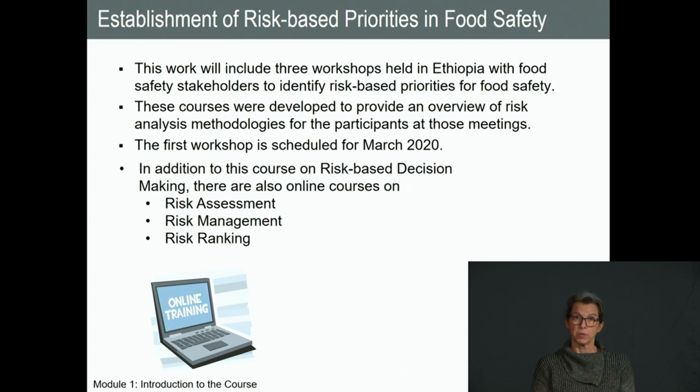But as we'll talk about over these courses, risk is not something you can just measure with a ruler. There's a lot of different components to risk, lots of different ways you can look at it, lots of ways that you can decide what the most important variables are in terms of the risk assessments. And therefore, it's quite a complex decision-making process. So that's part of why we have this entire course on risk-based decision-making.